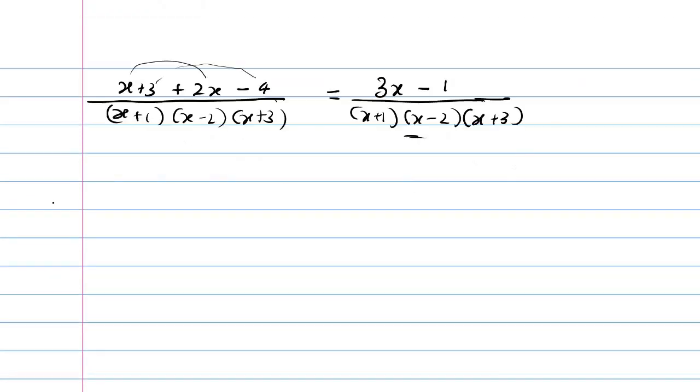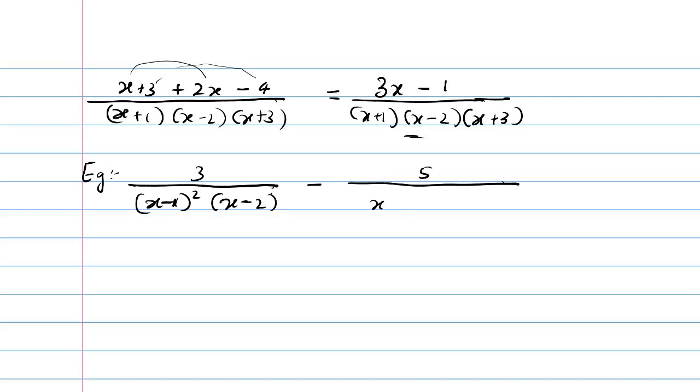Okay, so the other example is, we have 3 over x minus 1 squared and x minus 2, sorry, just x minus 2, minus 5 over x minus 2 cubed, x minus 3.